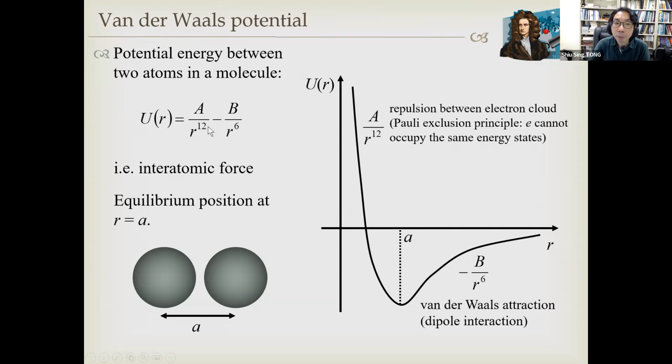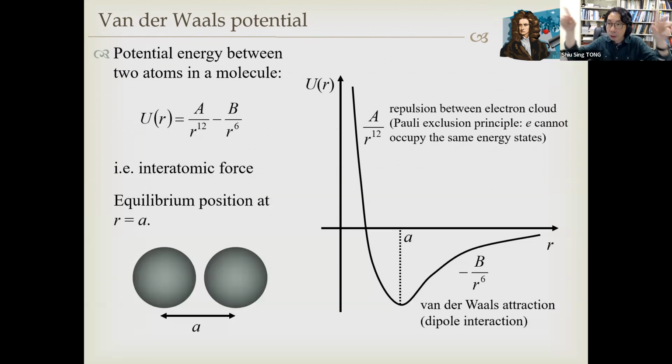But when the two atoms or molecules are getting very close, there is a strong repulsive force, which is characterized by this potential, A over R to the power 12, which is even more sensitive to distance. Now, this is a very strong potential, and that happens because of the Pauli exclusion principle. You know that the atom or molecule is made of outermost shell electrons and also the atomic nucleus, right?